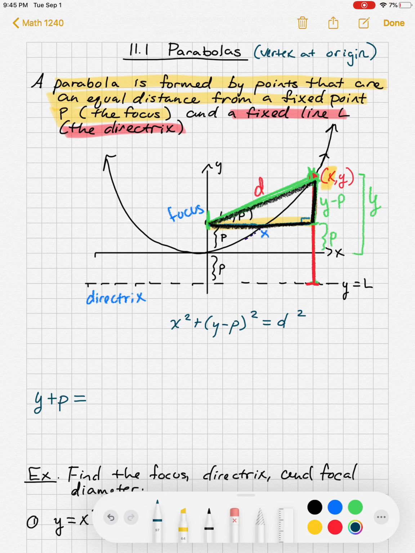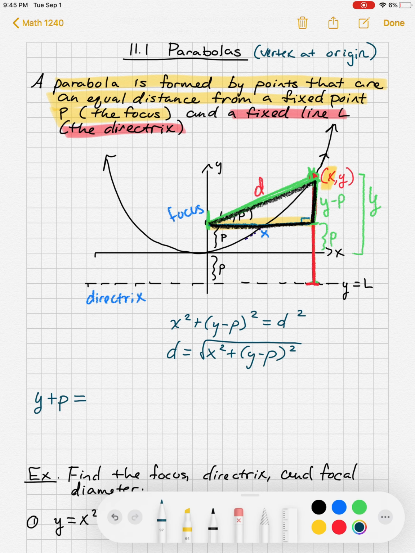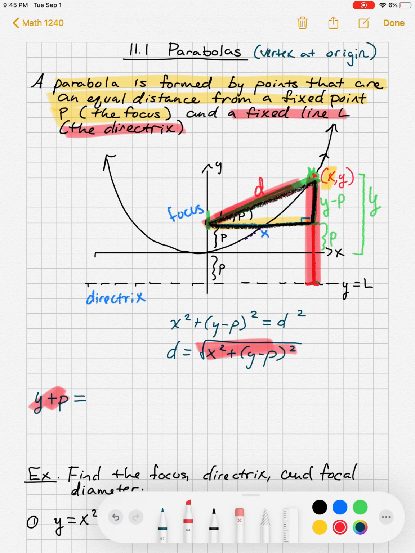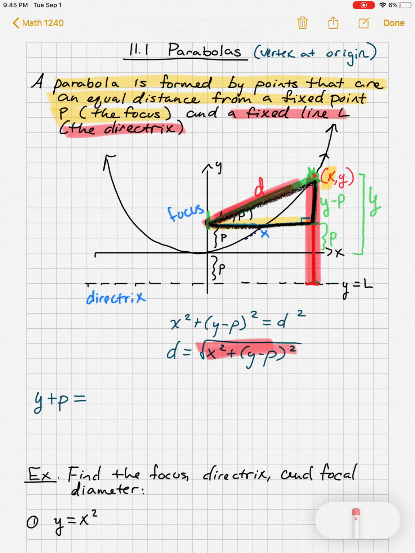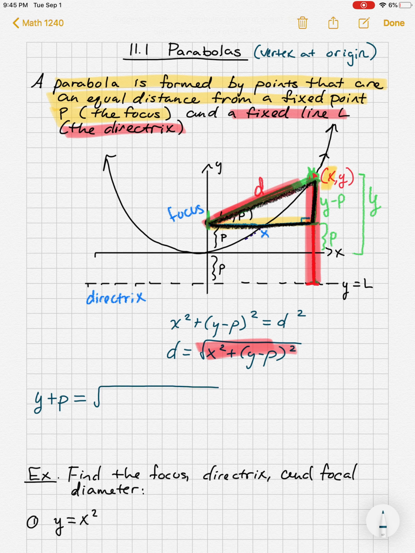The length of that hypotenuse would be the square root of x squared plus (y minus p) quantity squared. Now I know that this distance is equal to that distance, which we found to be y plus p. So actually that gives me my equation.